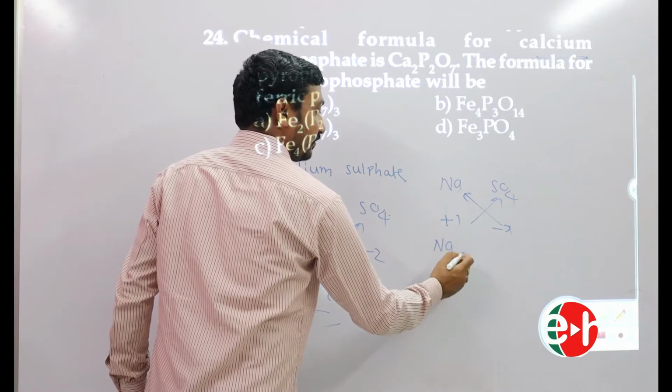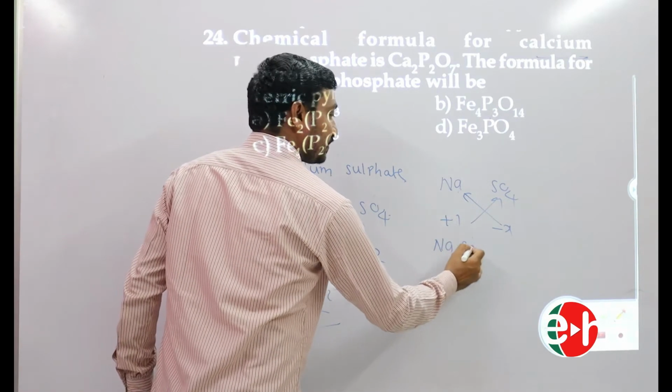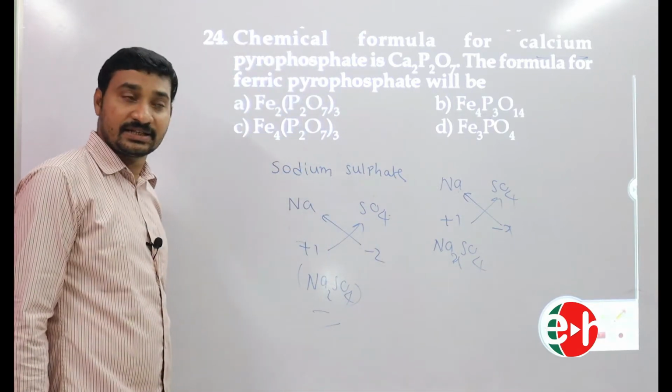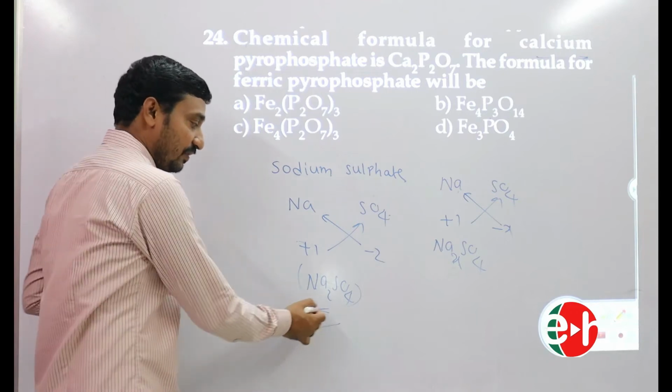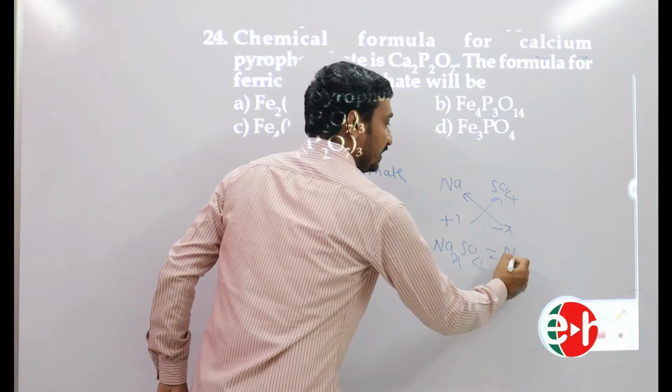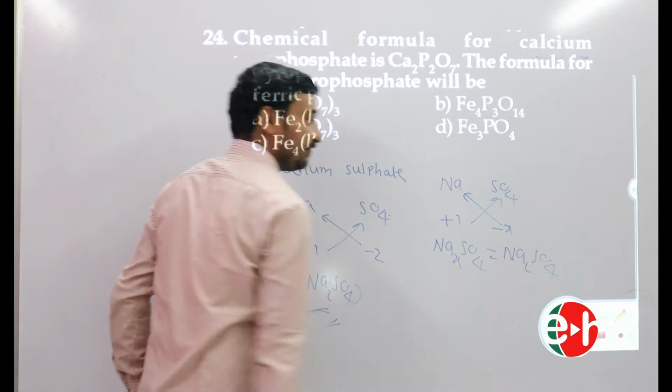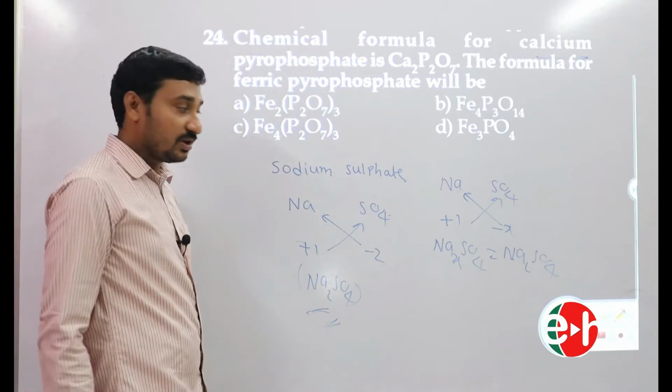Na X times, SO4 one time. But the given formula is Na2SO4, sodium sulfate. Then how to find X?